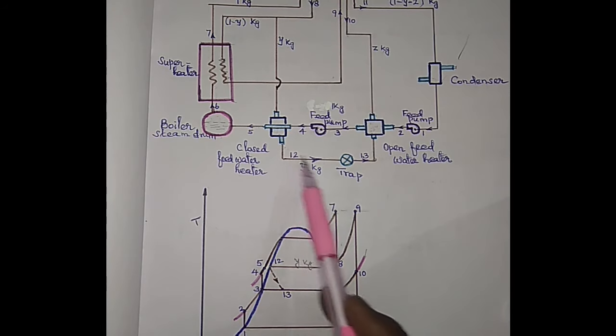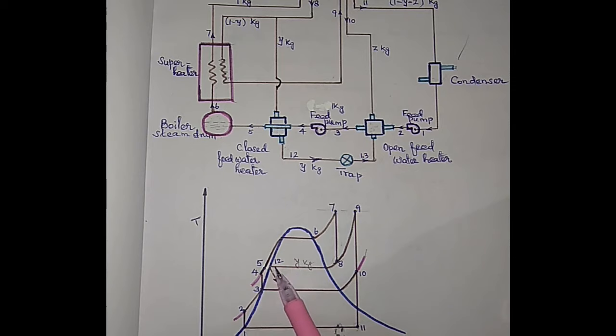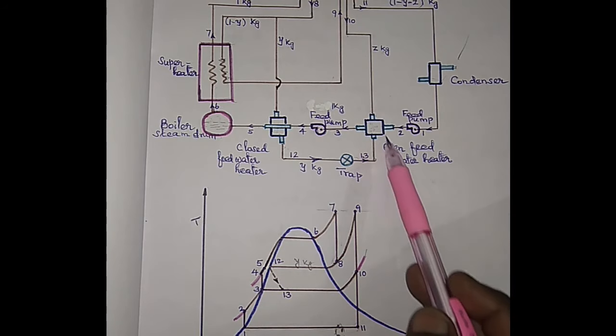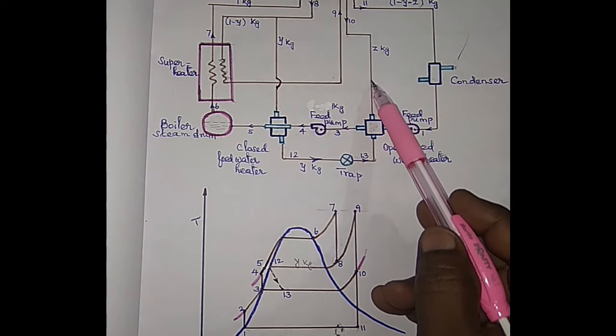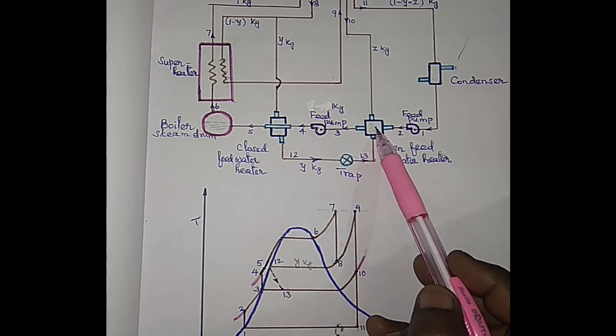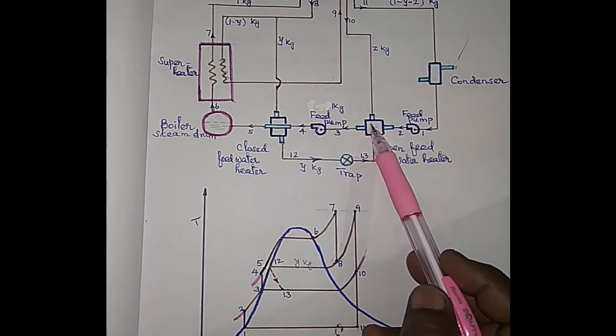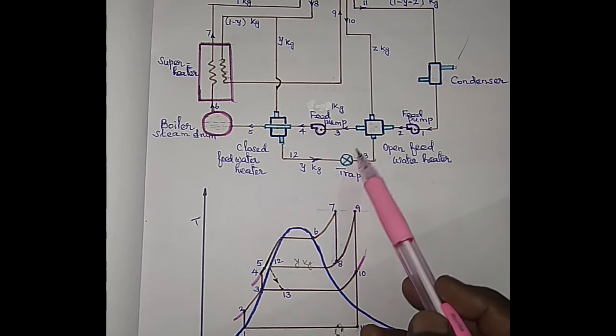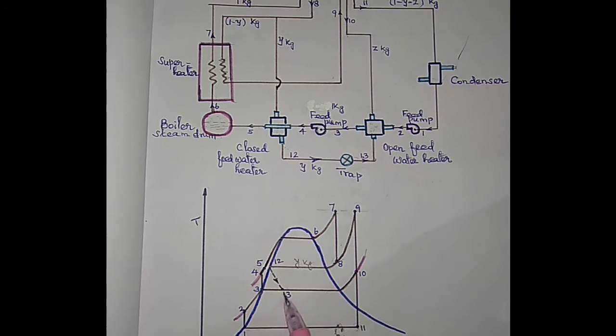And then this 12 to 13, through a steam trap, is coming and getting mixed with the steam and this condensate which is coming from here. They're all getting mixed. At the same time, 13 also is getting mixed. Can you see here?